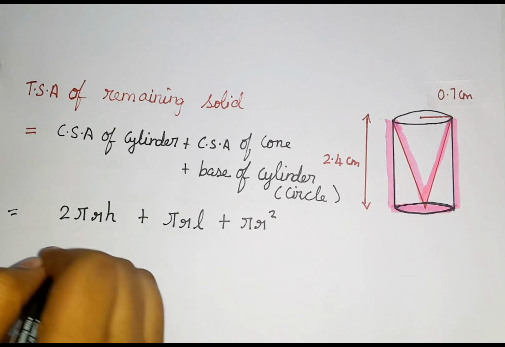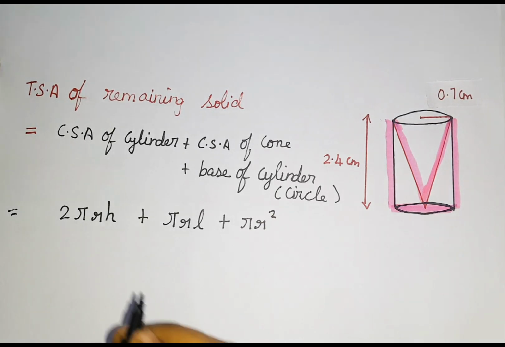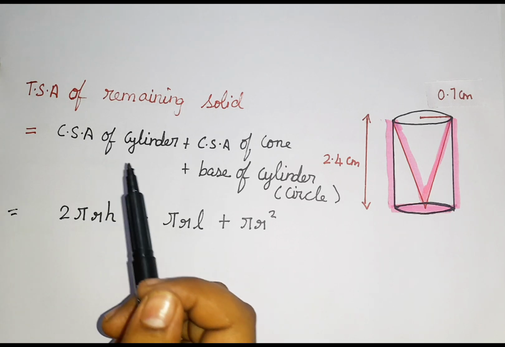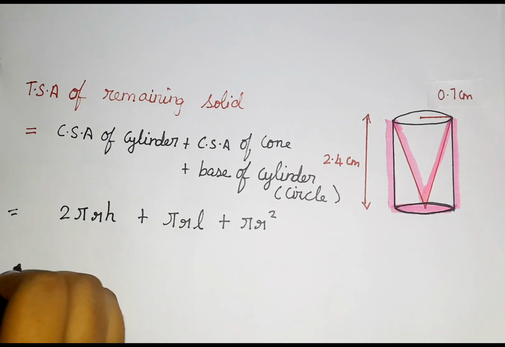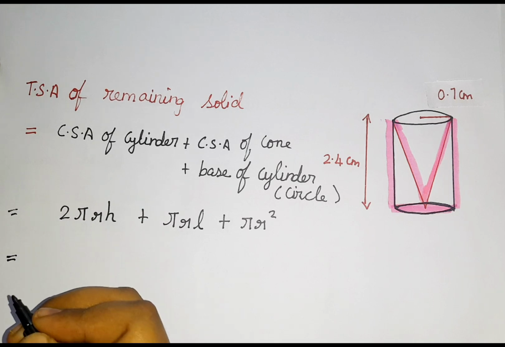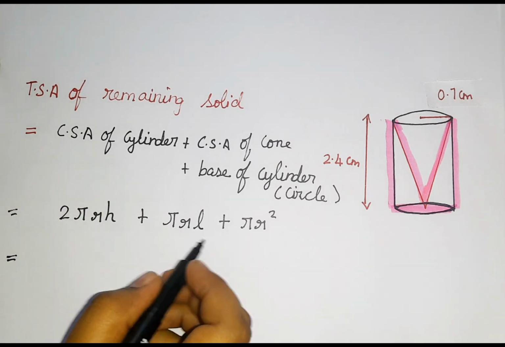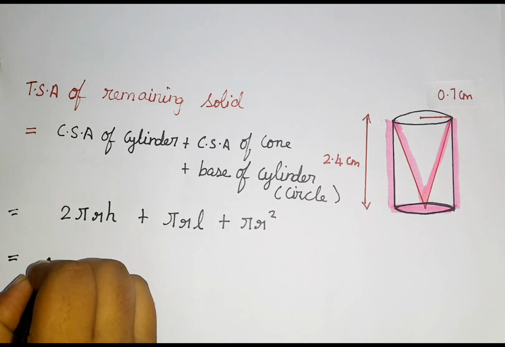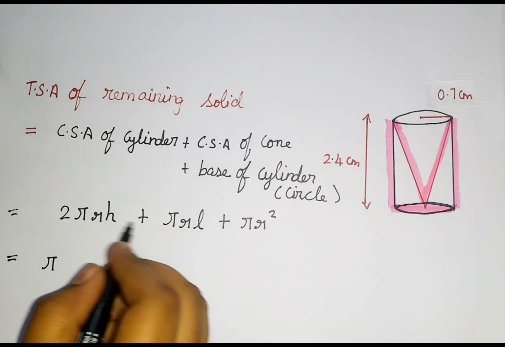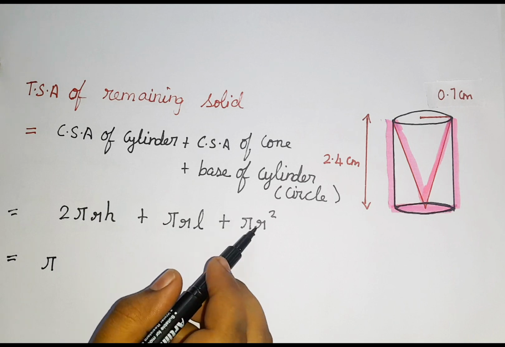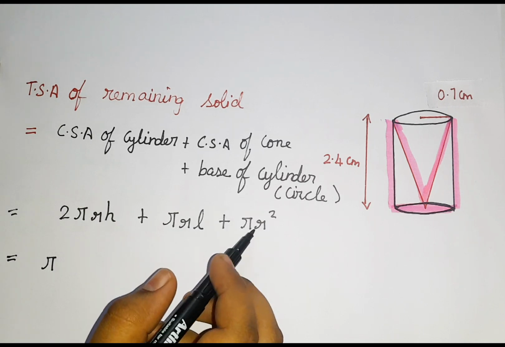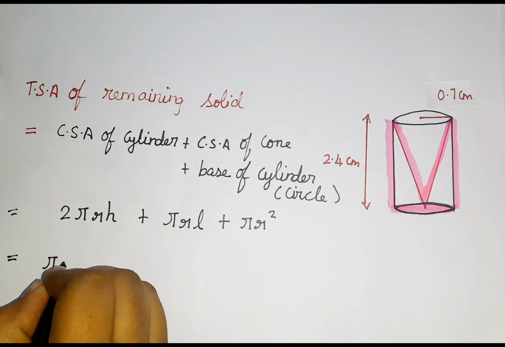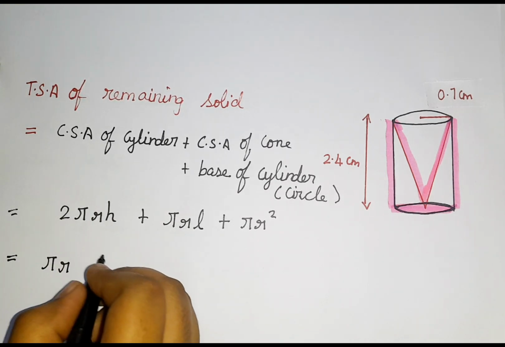Now we can actually take it as common, because the height of the cone and cylinder both are the same, and the radius we are going to use is the same. So we can take pi as common. Here I have r, here also I have r, and here I have r square, so I am going to take 1 r as common from everything.